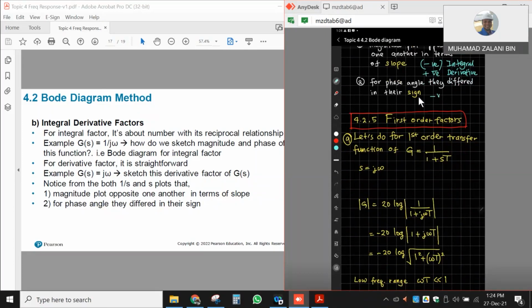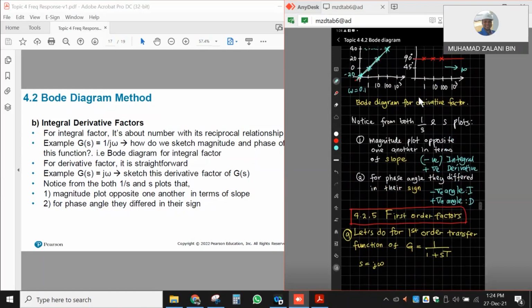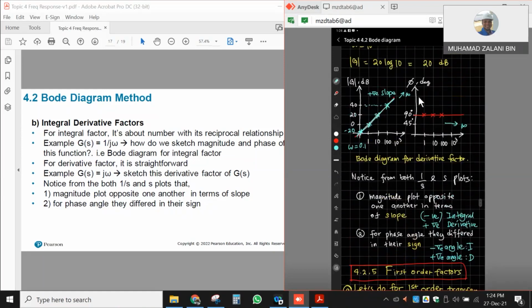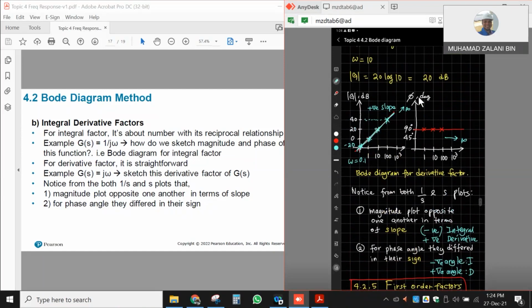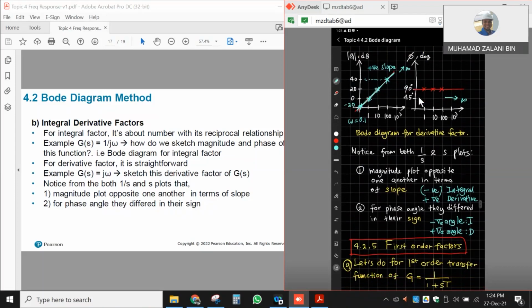So a negative angle for the integral, and a positive angle for the derivative. All right, that is what we can conclude when we plot the Bode diagram for the integral factor and also the derivative factor of s.